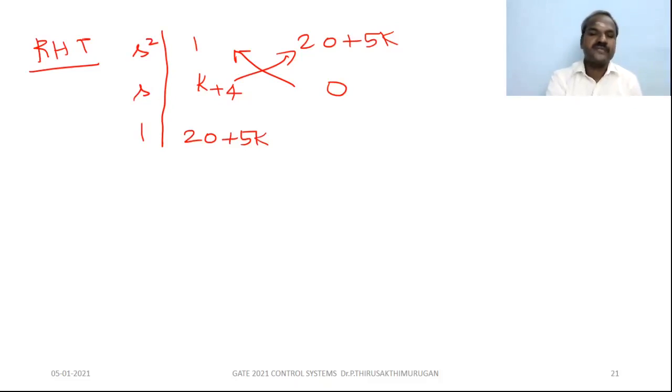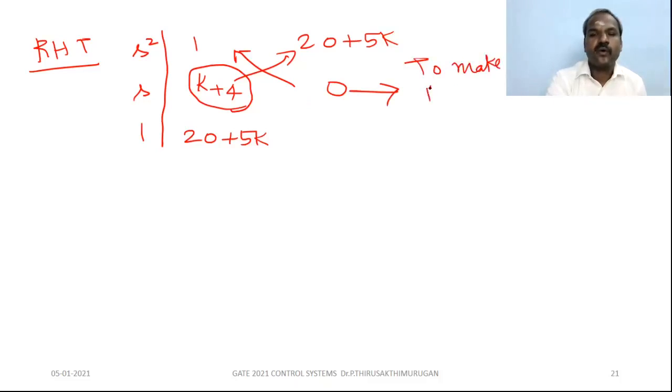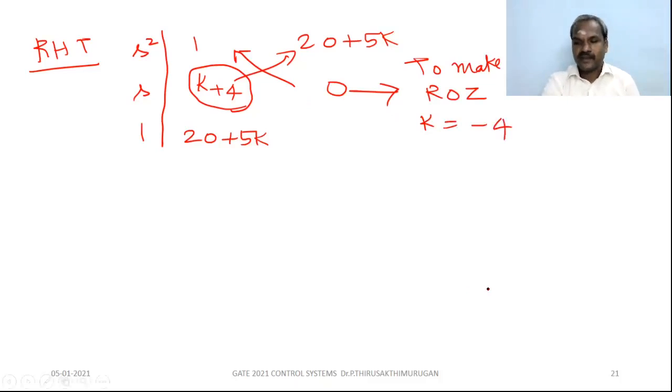Makes the row of 0. If you want to make the row 0, k should be equal to minus 4, right? K should be equal to minus 4. But as it is negative, there is no intersection of the root locus with the imaginary axis, right?